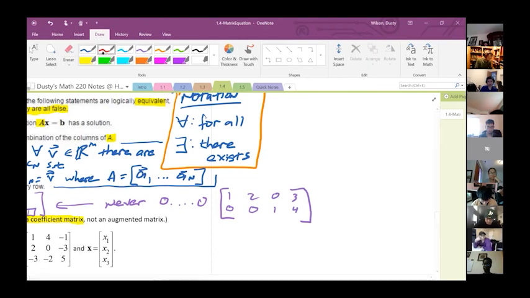So notice in this particular case, you have pivots in every row, just like it was saying, but you do have free variables.